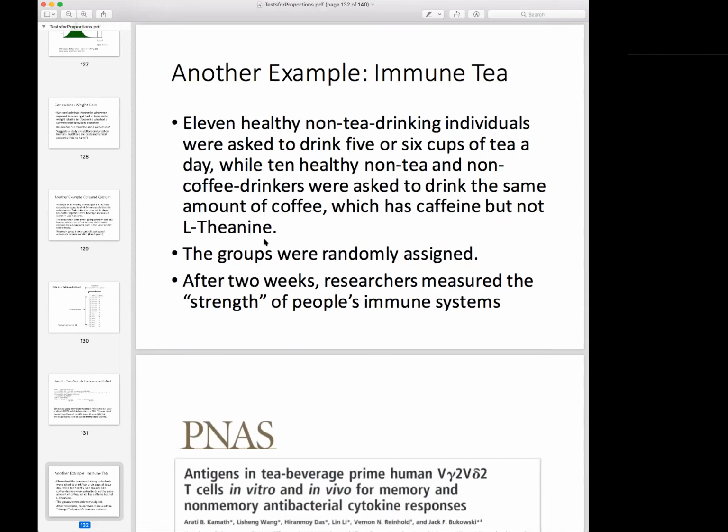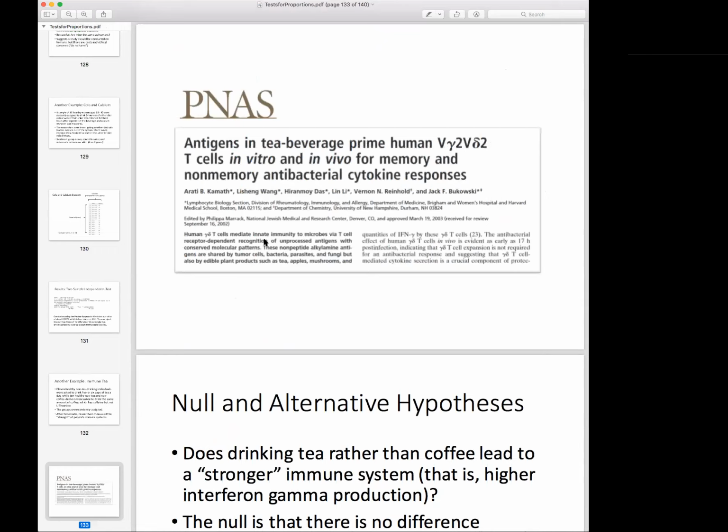After 2 weeks, researchers measured the strength of people's immune systems. That's what they're showing here. They're looking at the V gamma 2 V delta 2 T cells in vitro and in vivo for memory and non-memory antibacterial cytokine responses.